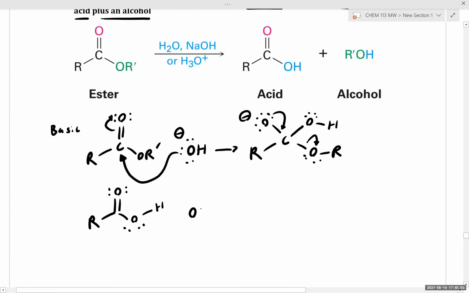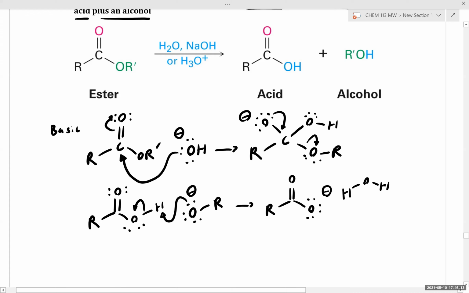However, under basic conditions, we have one last trick where our carboxylic acid is immediately deprotonated by our alkoxide ion to generate a carboxylate salt. This sits around in solution until it's quenched with water or another strong acid like H3O+.